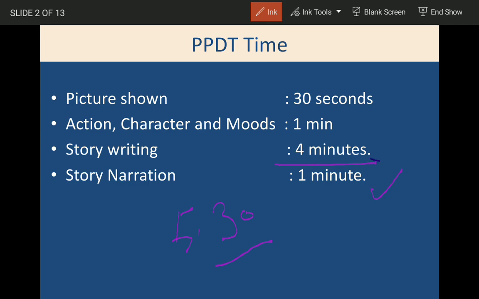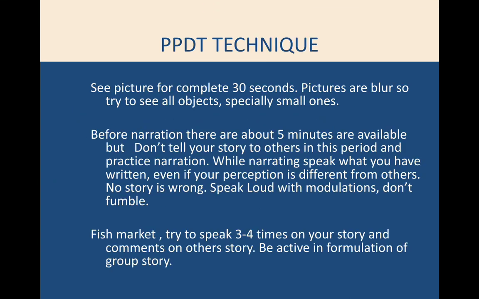Now in this period between these two parts, that is when the story writing is over, you get 10 to 15 minutes extra when the group is waiting for narration. So now we'll see further.